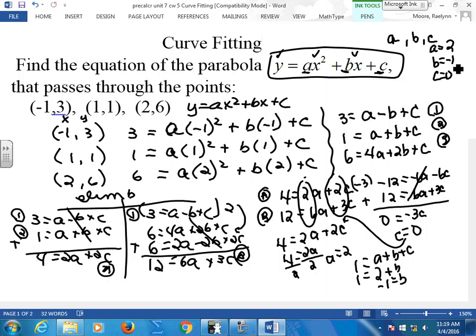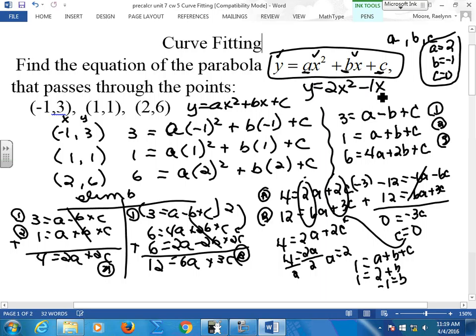Now, here's the next part. All I got to do now is make my equation. I just substitute them back in. I say A is 2, B is -1, C is 0. Isn't this the equation of a parabola? And if I put this in my calculator in y1, shouldn't I find these points?